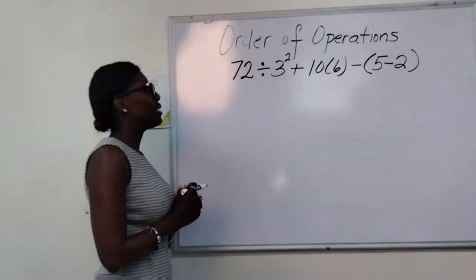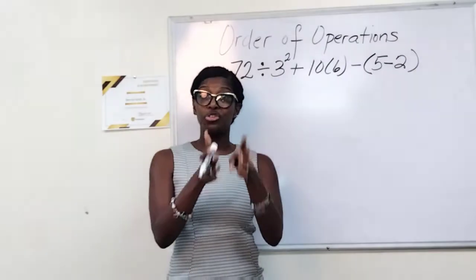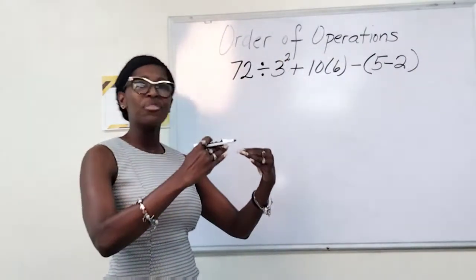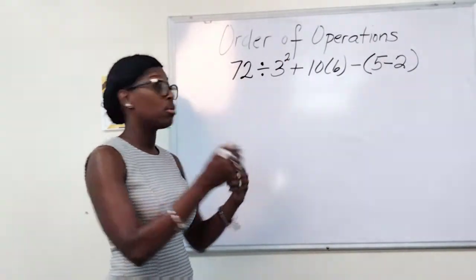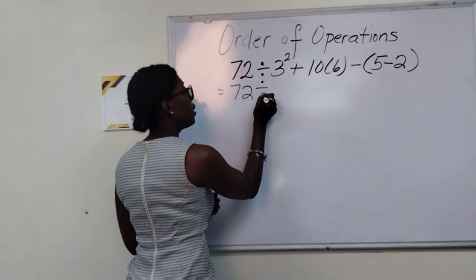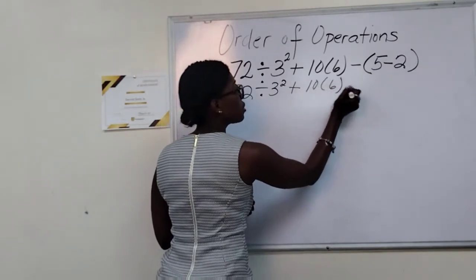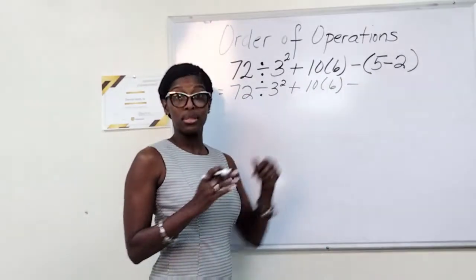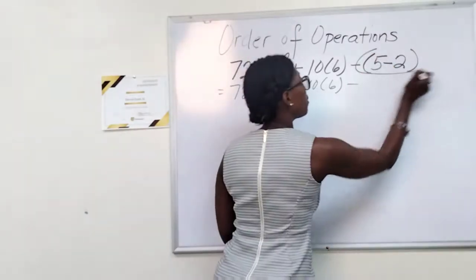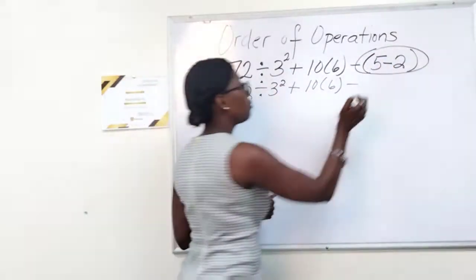All right, so let's get started again. Parentheses first. So to keep yourself in order, bring down everything that you're not working with now. So our first step is this. 5 minus 2 is 3.